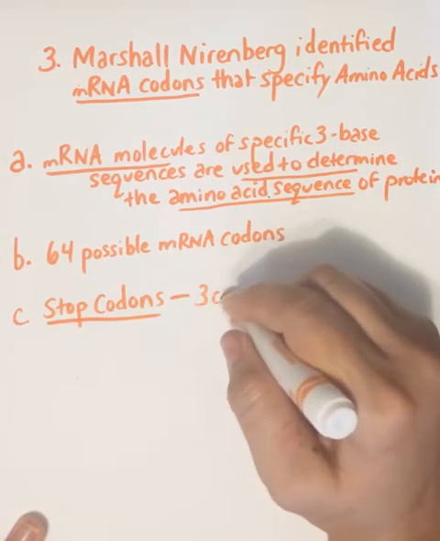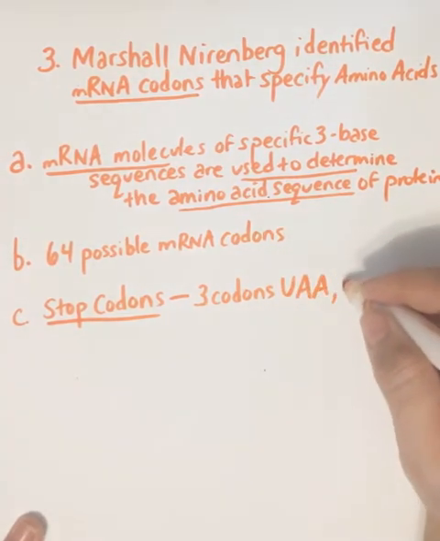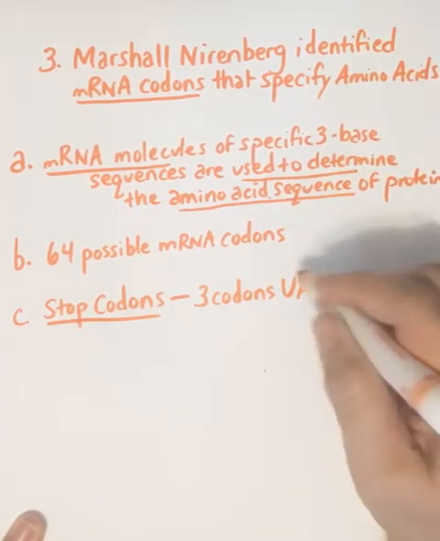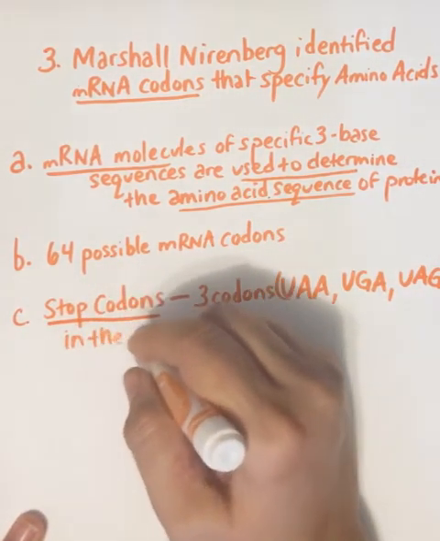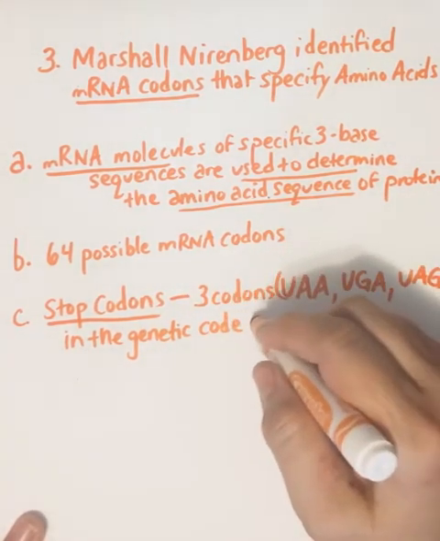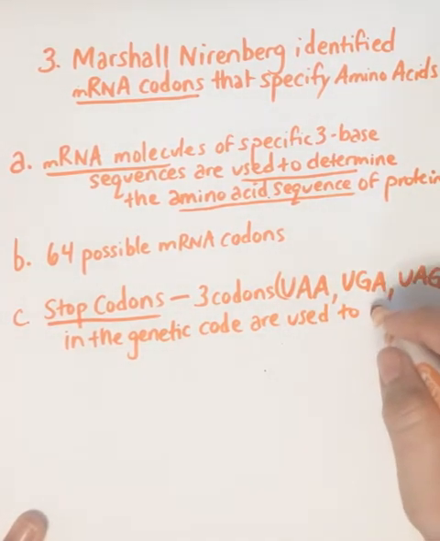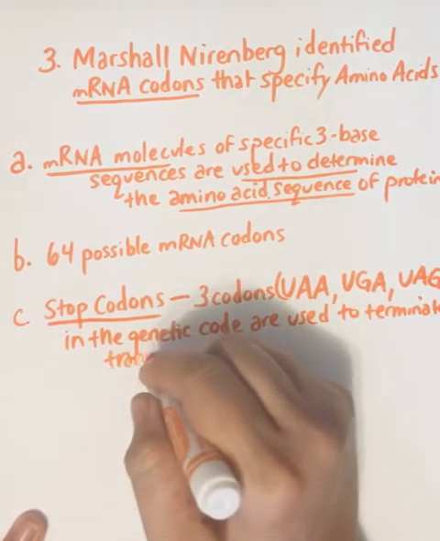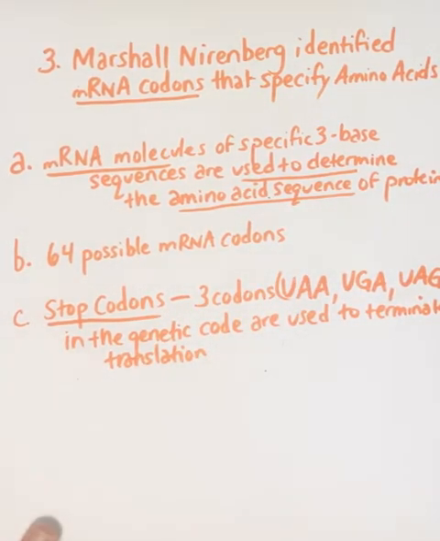There's 3 of them that are stop codons: UAA, UGA, and UAG. Stop codons in the genetic code are used to stop or terminate translation. So anytime you get UAA, UGA, UAG, you write stop.